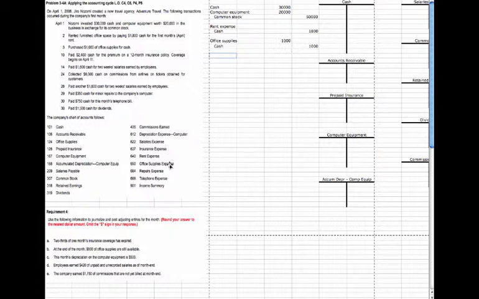So what we're going to do is show that cash went down by $2,400, but we got a new asset called prepaid insurance for $2,400, and because we paid cash for it, we're going to decrease cash with a credit entry of $2,400.